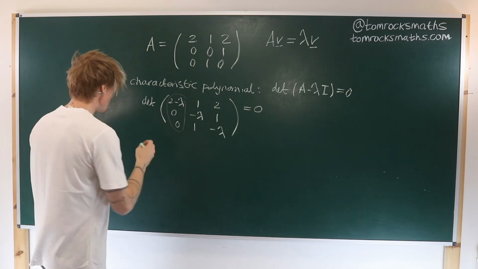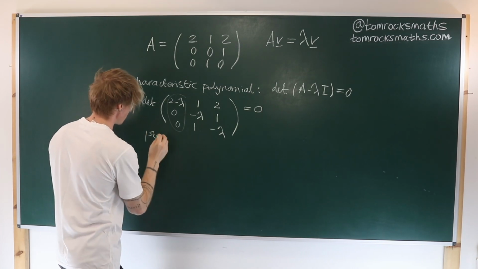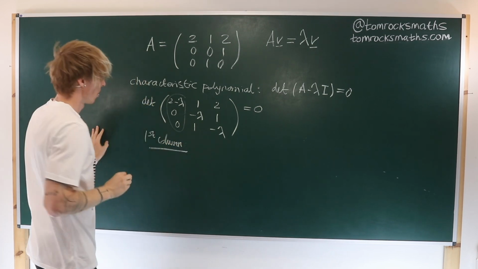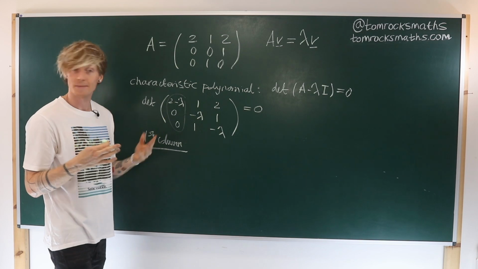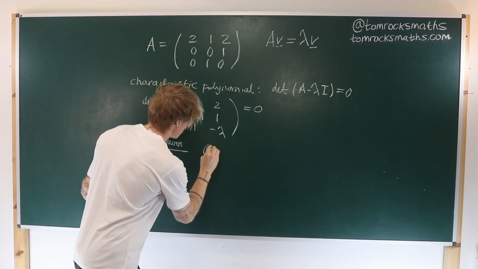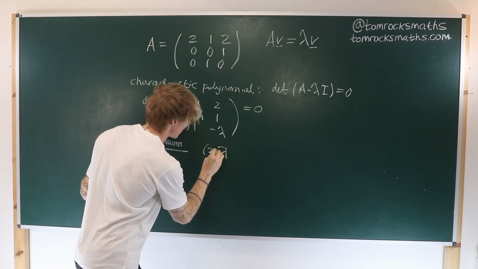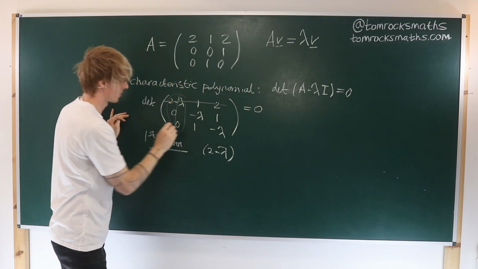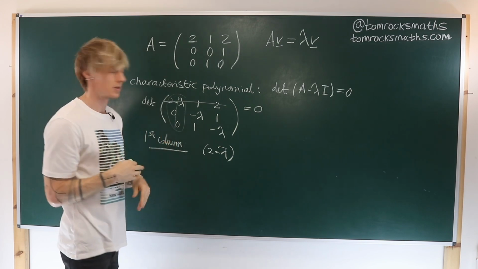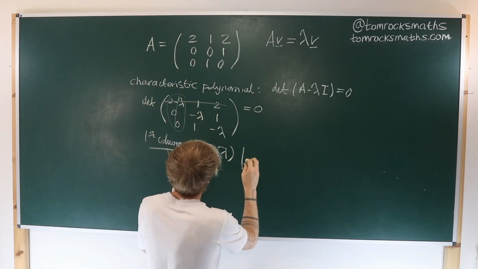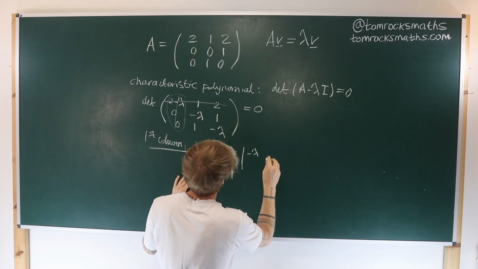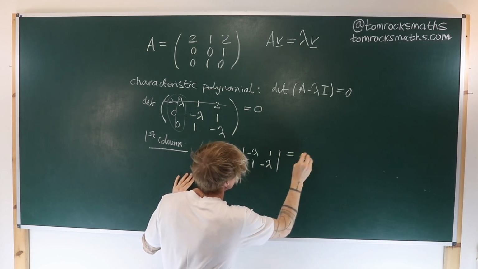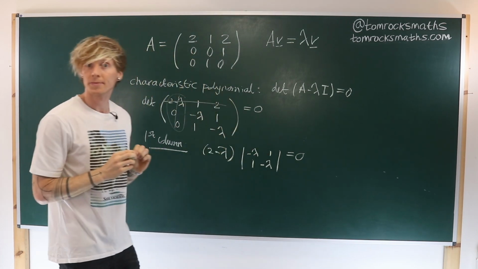So if we expand in the first column, then we only actually have one non-zero term, and that's 2 minus lambda, which is then multiplied, crossing those off, by the remaining 2 by 2 determinant, which is minus lambda, 1, 1, and minus lambda. And we need that to be equal to 0.